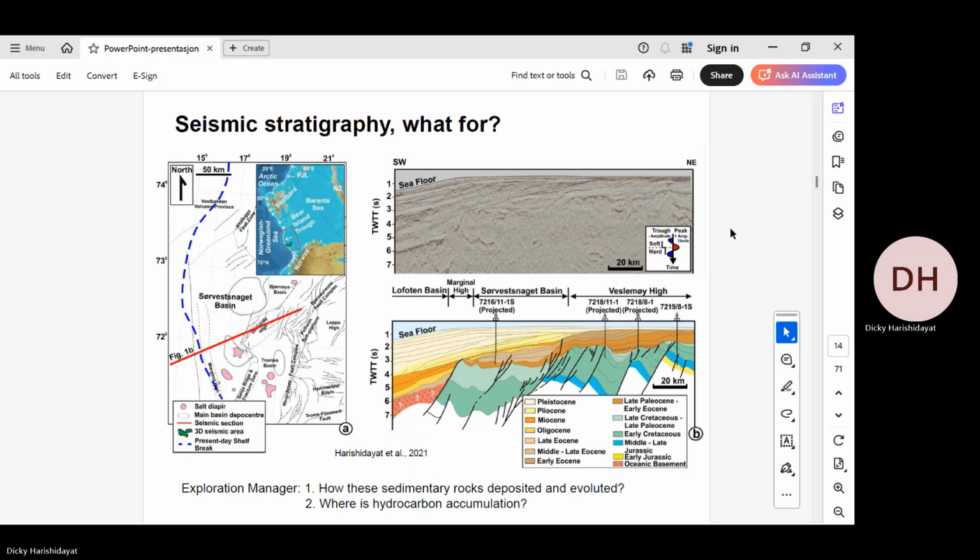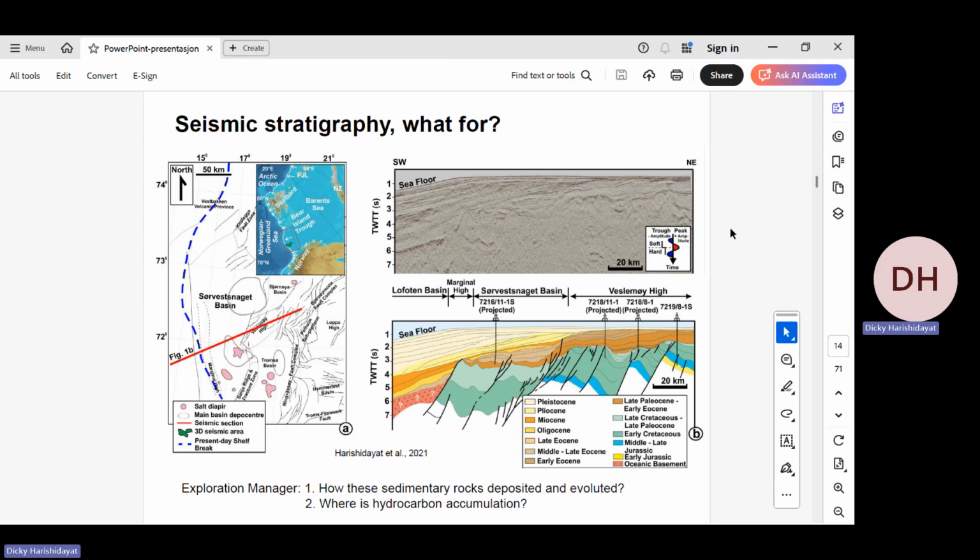So, what is seismic stratigraphy used for? So, for instance, you are working at an oil company, then your manager will give you a seismic section, and it's simply to ask how these sedimentary rocks were deposited and evolved related to the hydrocarbon accumulation.